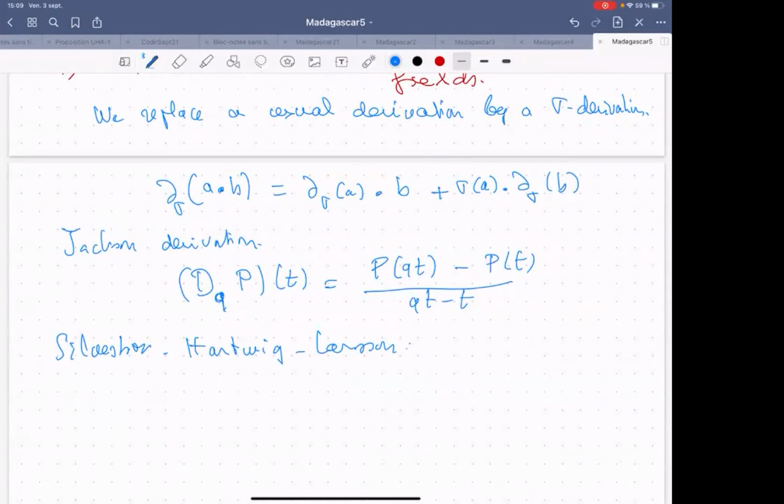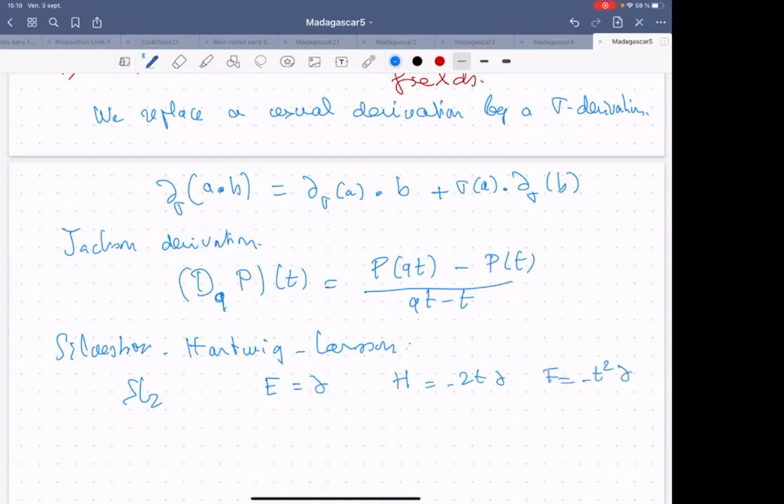In fact, for SL2, the basis is usually denoted by E, which could be just D, the derivation, H, which is minus 2tD, and F, which is minus t squared D.